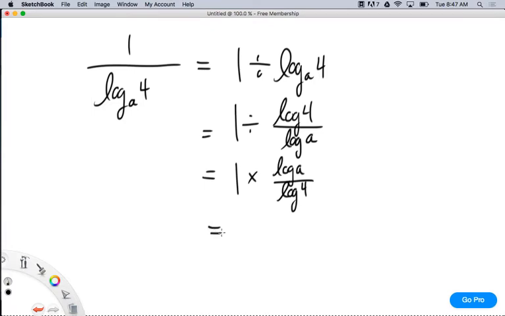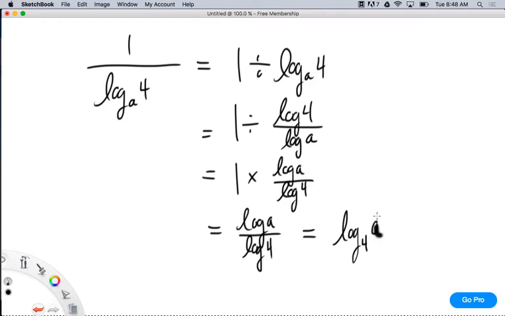I get 1 times log of A over log of 4, which just becomes log of A over log of 4. Does that make sense? But am I done? This becomes log base 4 of A. The base is always on the bottom. So this would be your answer in that case.